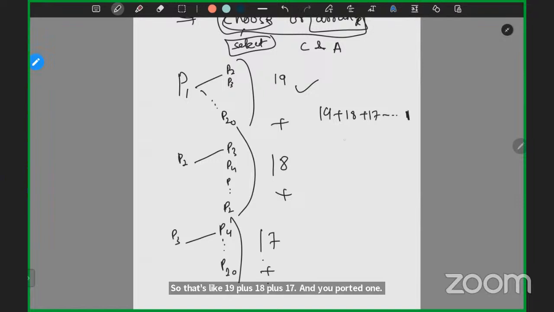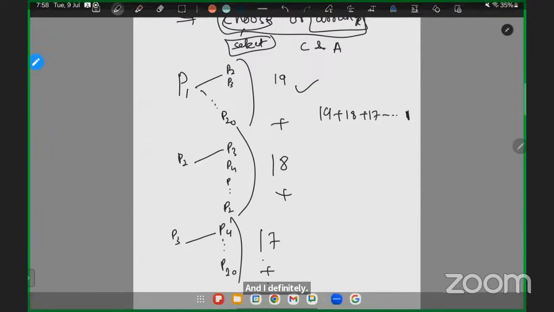This is the number of handshakes that happen.